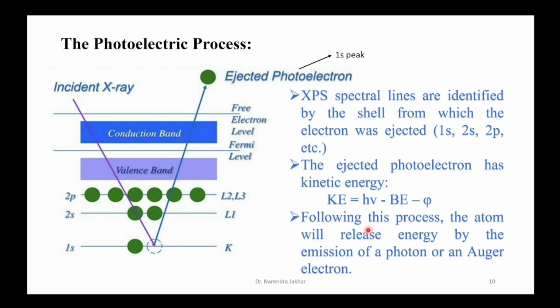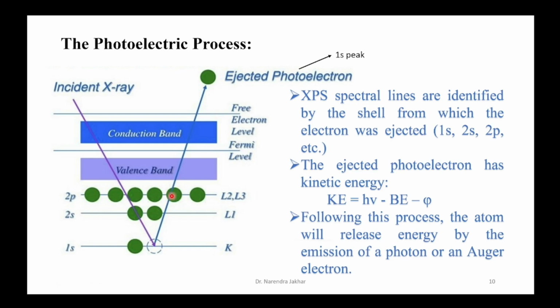Following this process, the atom will release energy by the emission of a photon or an Auger electron. Since we are going to record only the ejected electrons, again there is a vacancy here, and the vacancy can be filled by an upper electron.